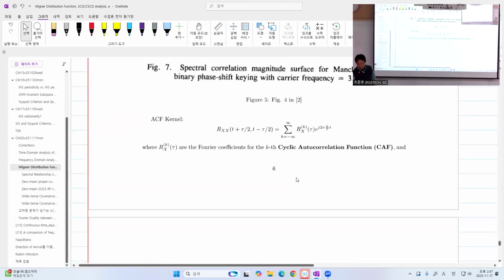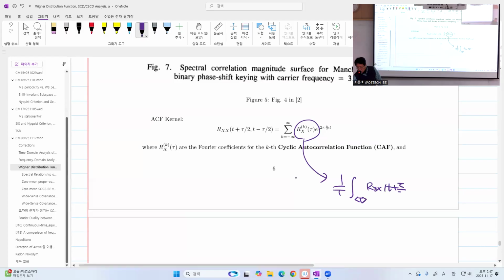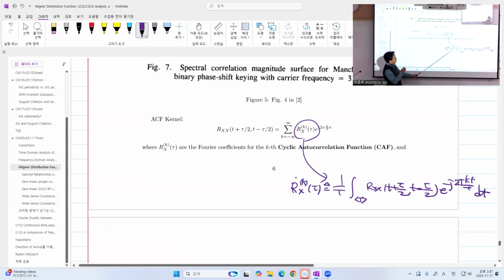So this one is 1 over T, Rxx(t, tau) over the interval from negative T/2 to T/2, times e to the negative j2 pi kt over T dt. Got it? As a Fourier series coefficient.